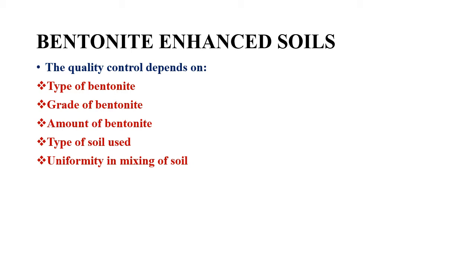Okay, so this test helps in determining the correct amount of bentonite to be added to a certain soil that you have selected. Usually the more bentonite in the soil, the greater the amount of methylene blue that must be added to achieve saturation. Okay, and the typical amount of bentonite to be added for a bentonite enhanced soil will vary in the range of 5 to 15 percent.